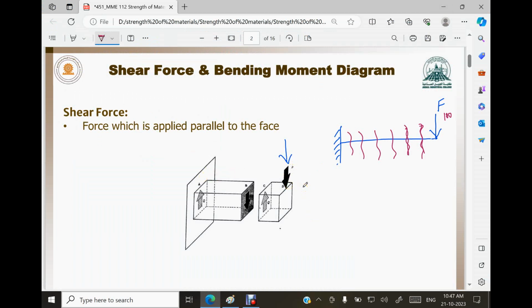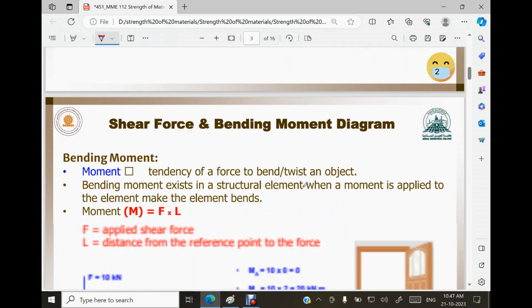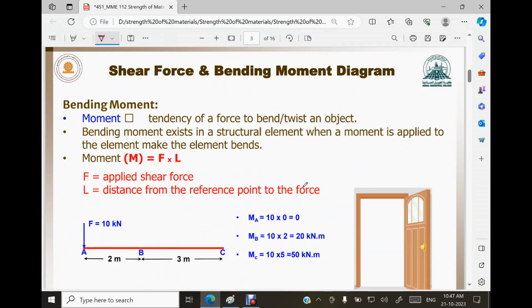Now let us just see what is the bending moment. A bending moment is nothing but, mathematically speaking, force multiplied by perpendicular distance.